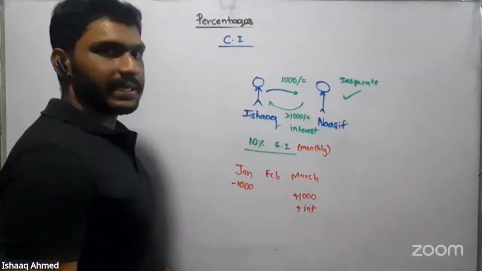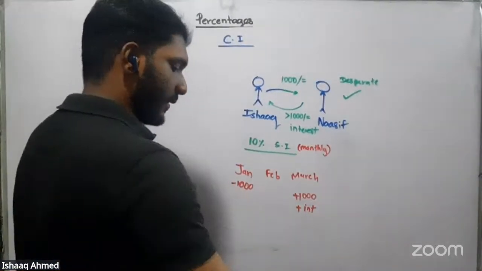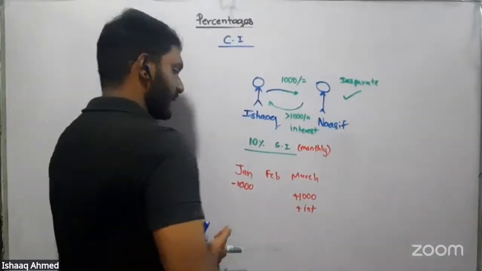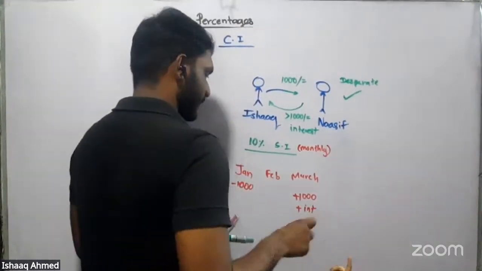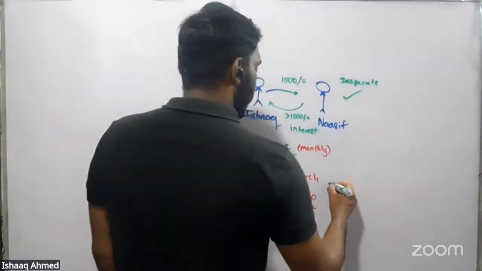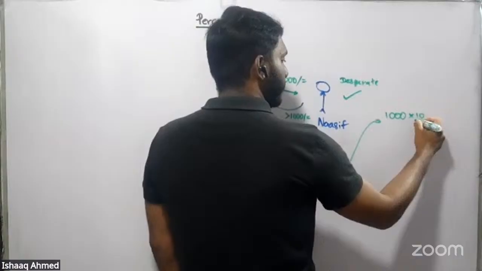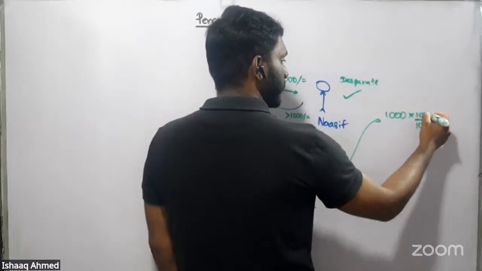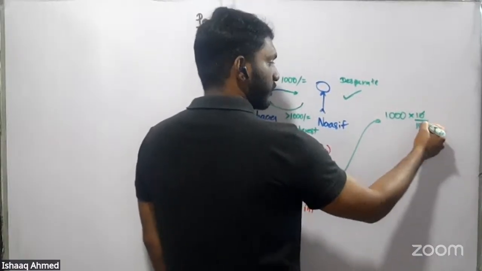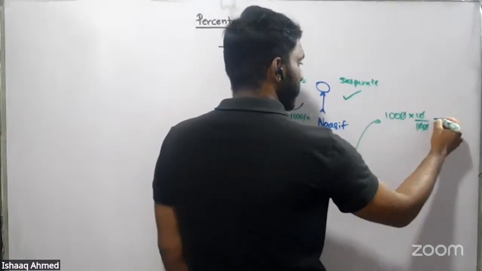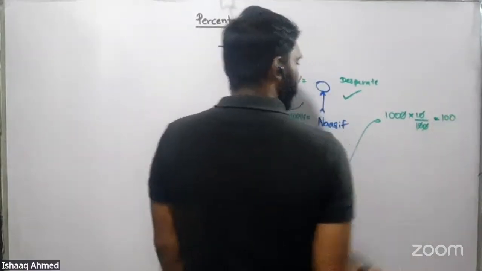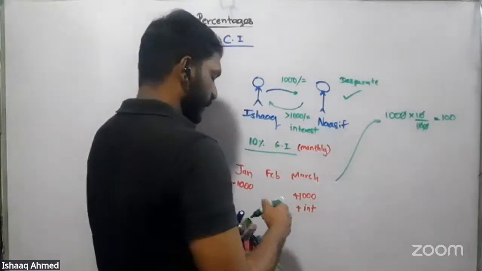So how much that interest is, is what we're going to calculate. 10% of 1,000 is how much? We can cut the zeros up and down. So the value is 100. So 10% of 1,000 is 100.